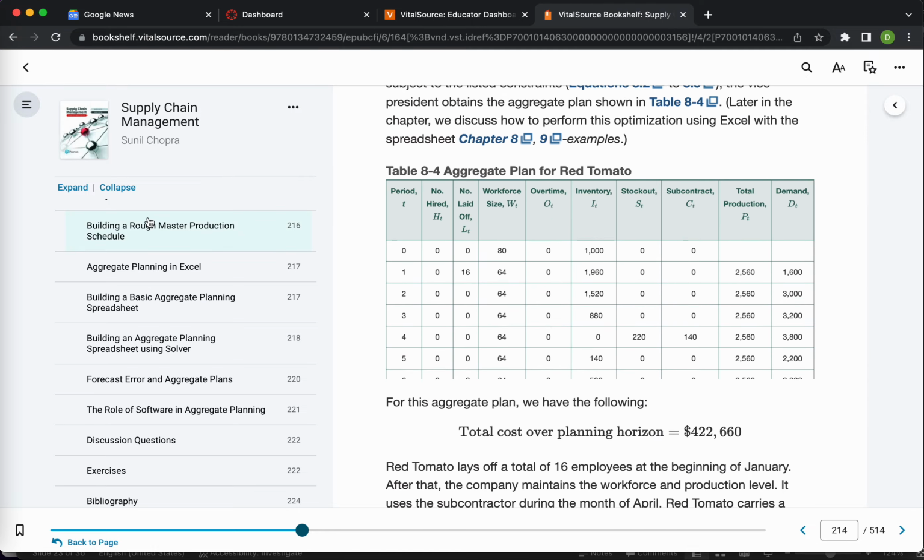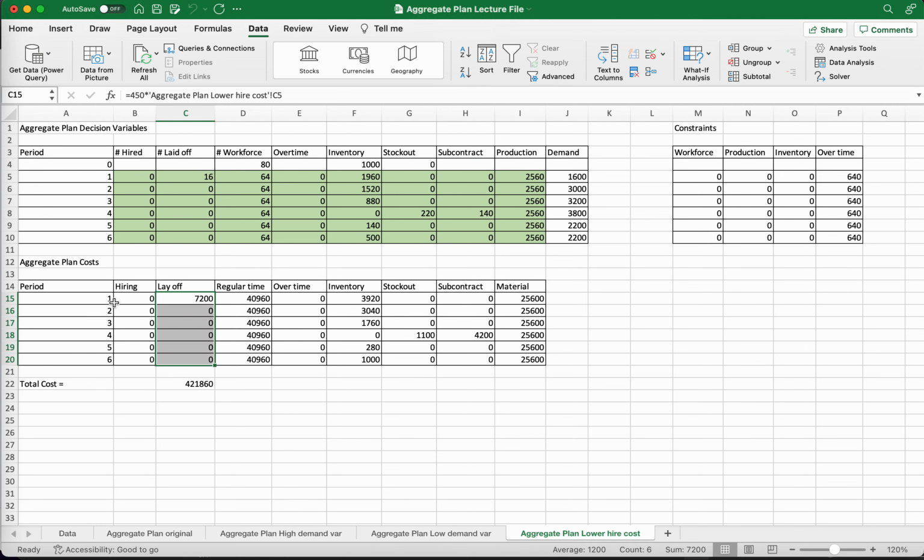I think the hiring cost was $50. So let's take the layoff cost back to 500, and let's say that hiring is $50.